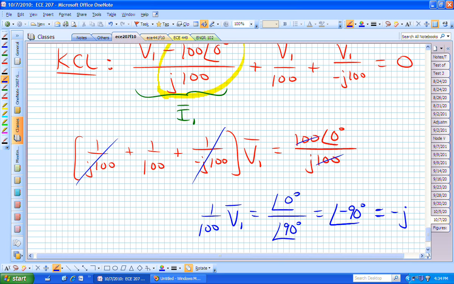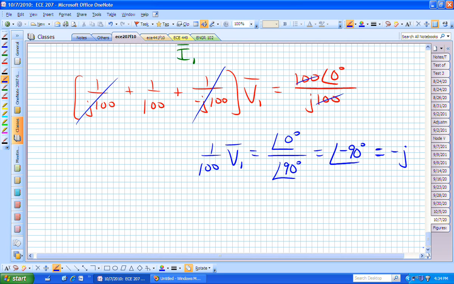You could write it however you want. But I might write it as an angle of minus 90, so that now I can multiply both sides by 100, and that gives me V1 bar on the left is equal to 100 at minus 90 degrees.